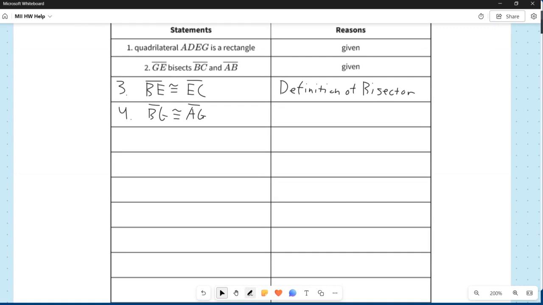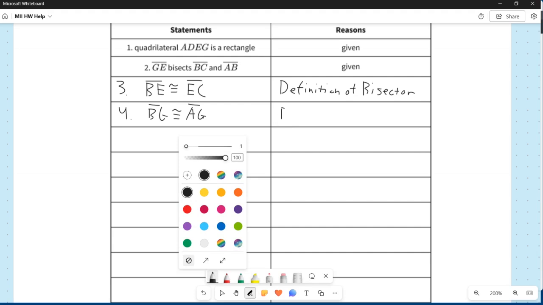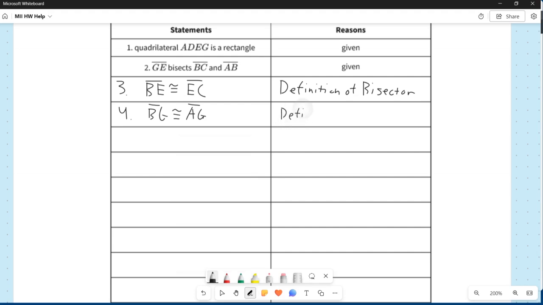We have to be able to back up everything we say on the left. And the reason that we can say this is, once again, this just follows from the definition of a bisector. When you bisect something, you cut it in half, so each of the pieces are congruent to each other, so therefore BG is congruent to AG.